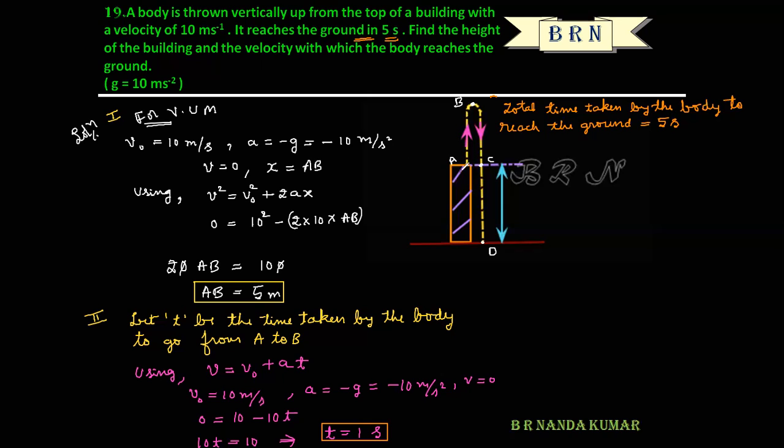Time taken by the body to travel from A to B is 1 second. So B to D is 5 minus 1, is it not?